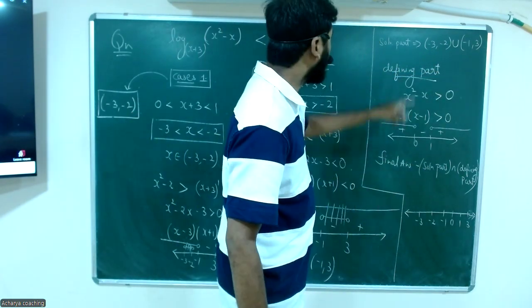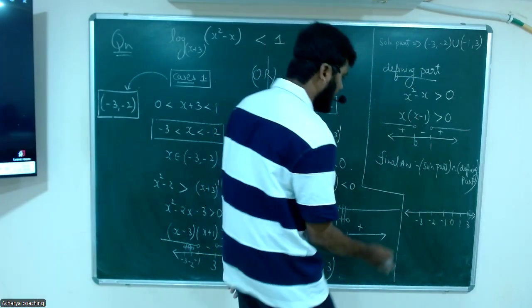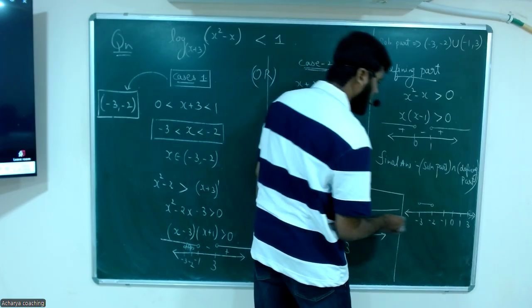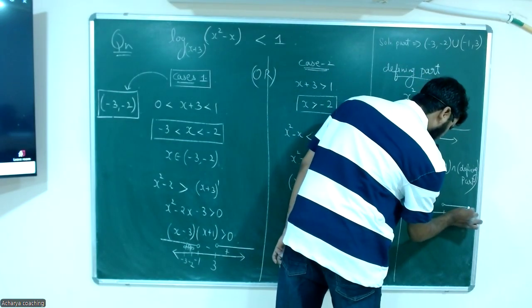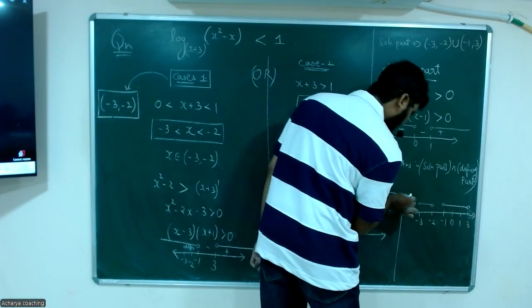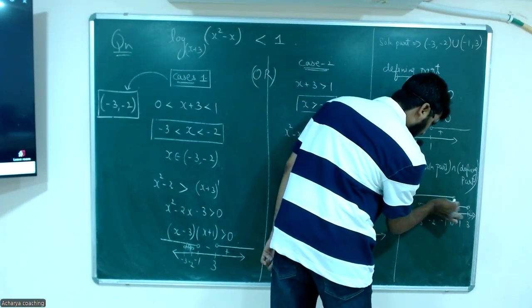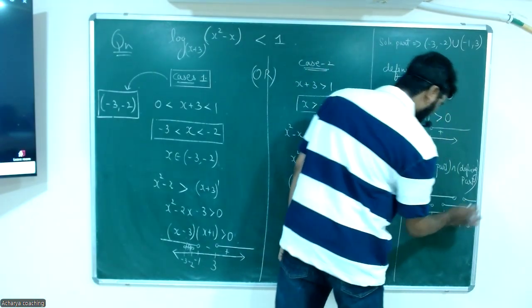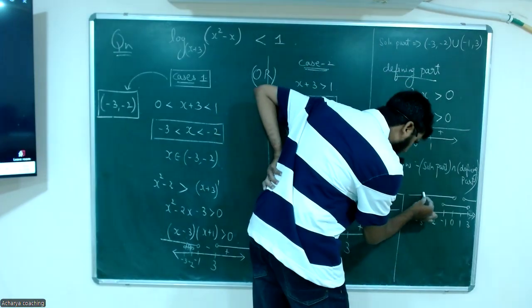So first solution part, minus 3 to minus 2. This one. Next, minus 1 to 3. Defining part, minus infinity to 0, open here, and here 1 to infinity. What is the common? This one is common, right?